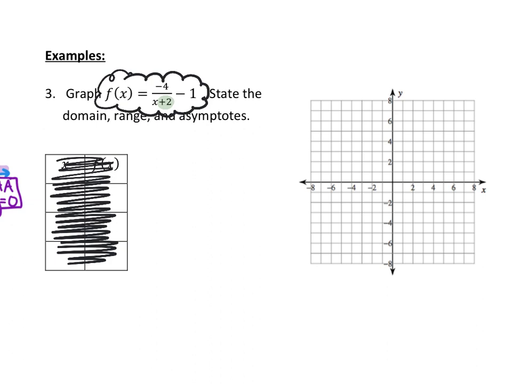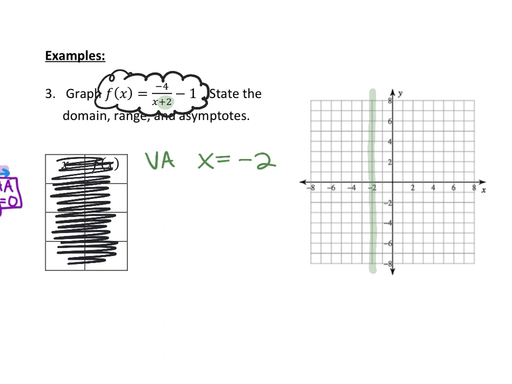The reason we're highlighting the number plus 2 is because that means that my vertical asymptote is going to appear at x equal to, not plus 2, but minus 2. It's no longer 0 because we've started translating this graph around. So that means immediately I can draw my vertical line that my graph is never going to cross at negative 2.